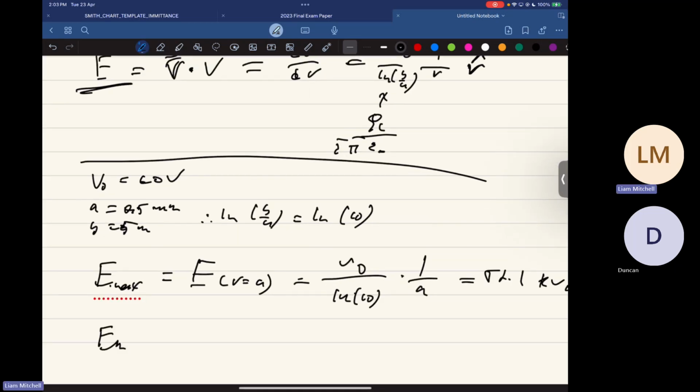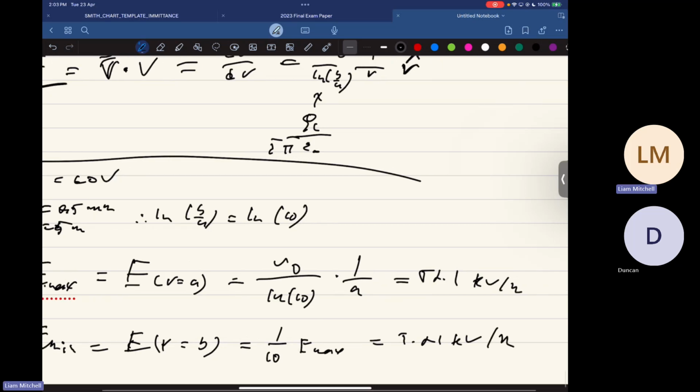Then E min is E at r equal to b, and since we know that b is just 10 times a, this is just 1/10 of E max, which is 5.21 kilovolts per meter. Okay, all good.